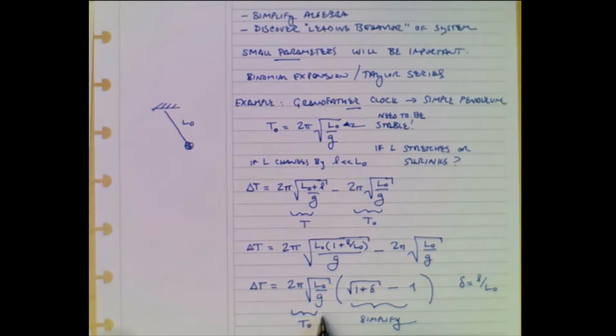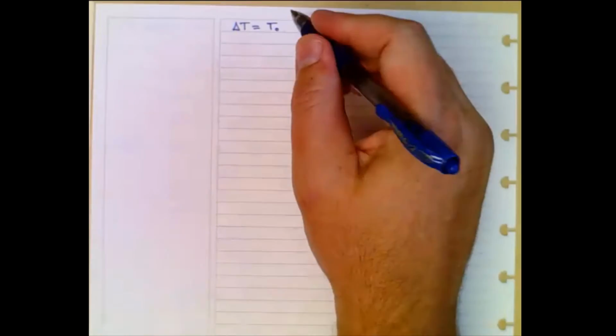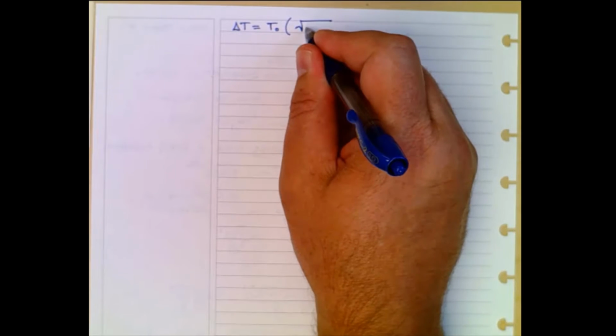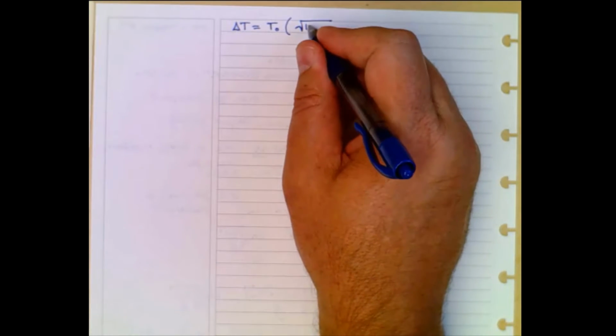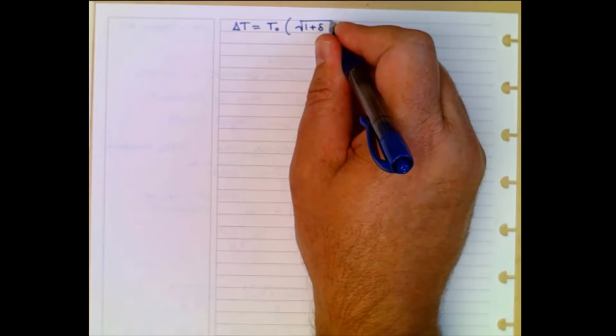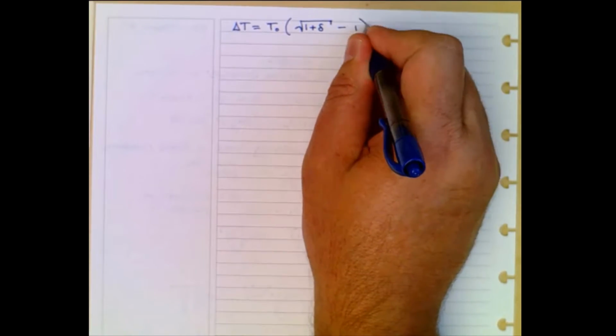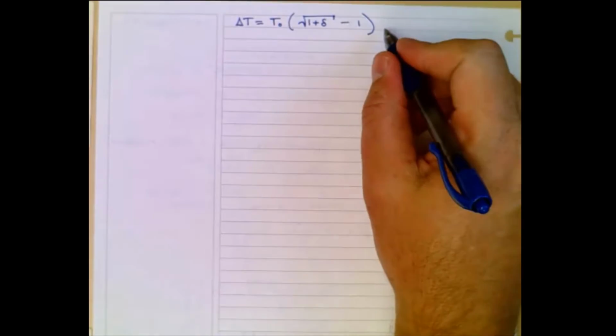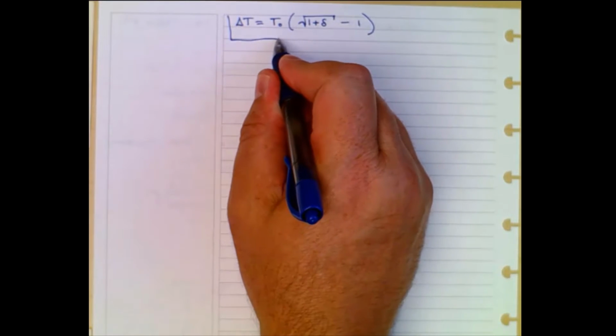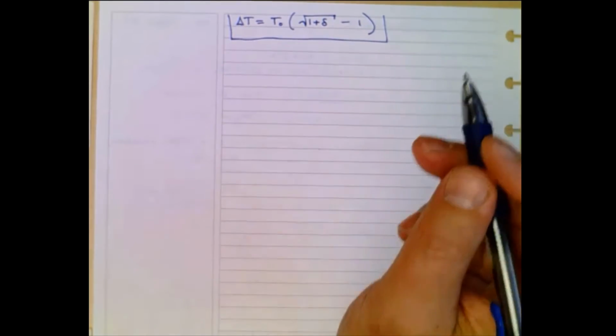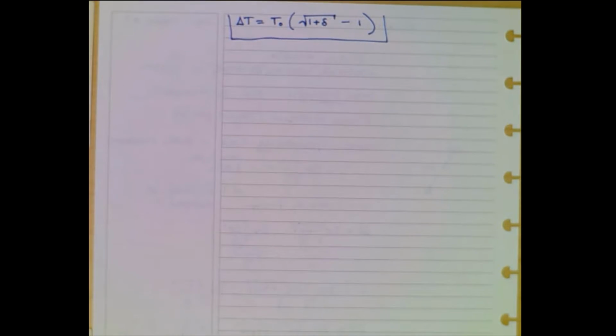That value is t naught. So it's t naught times the square root of 1 plus delta minus 1. All right, that was what we were looking to approximate.